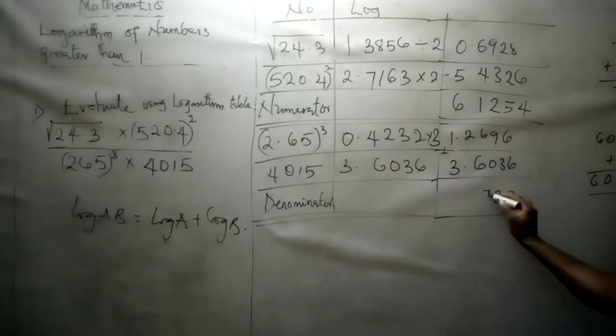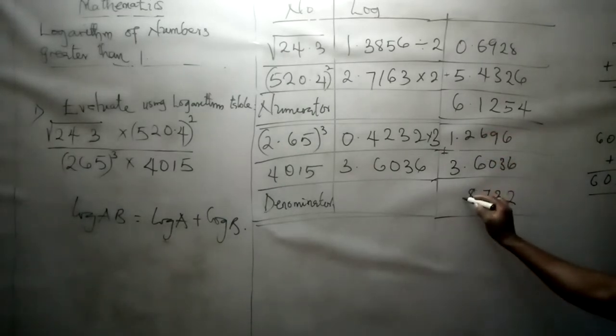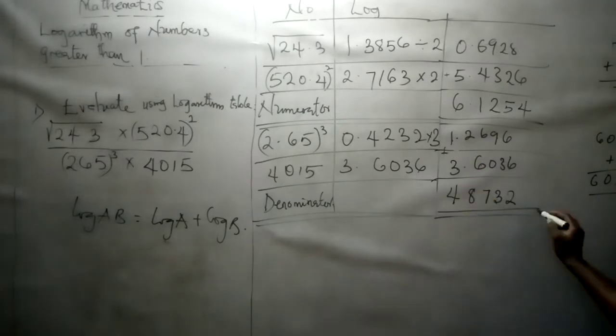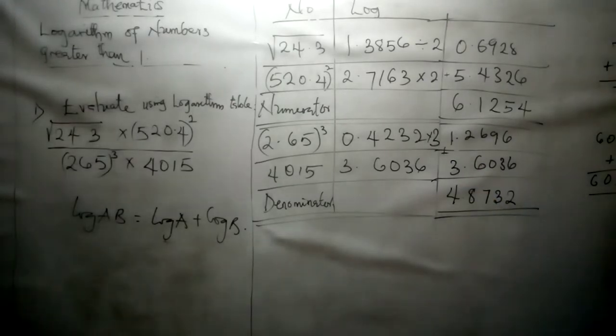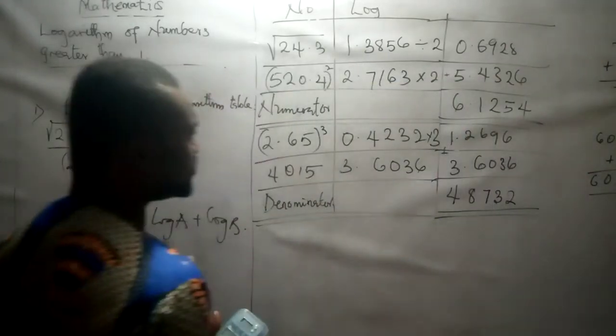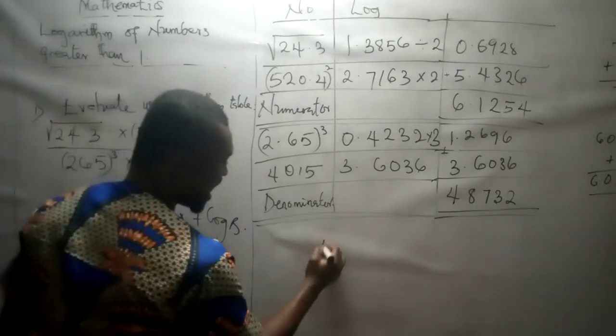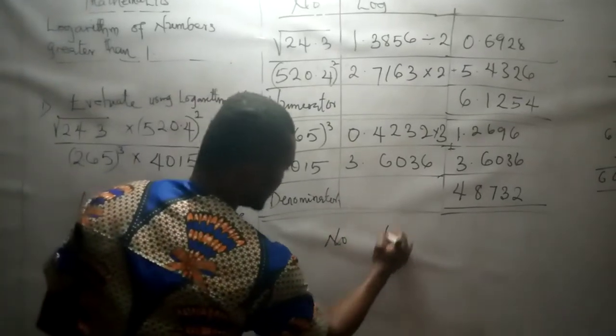Plus 1, 7. 2 plus 6, we have 8. Point. 1 plus 3, we have 4. So this gives us the denominator. Now what we are going to do now, we get another table for numerator and the denominator. Now we have the number, we have the log.